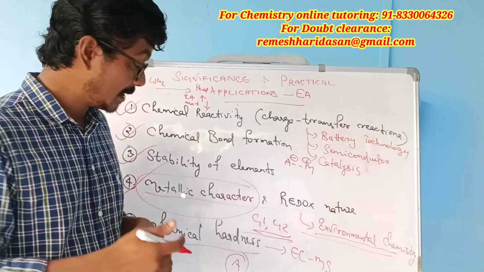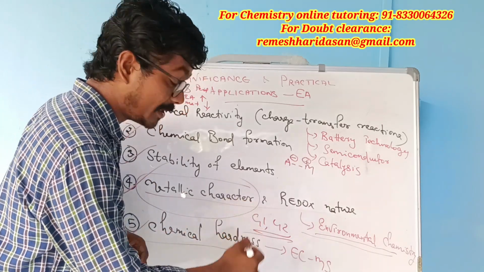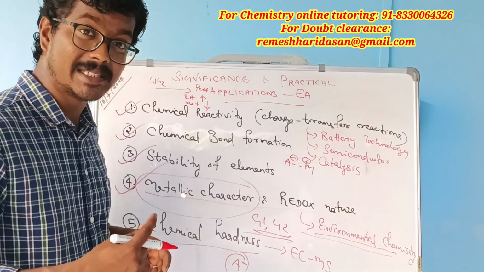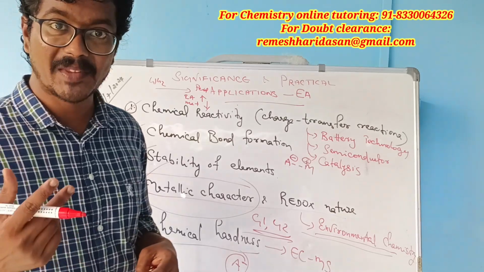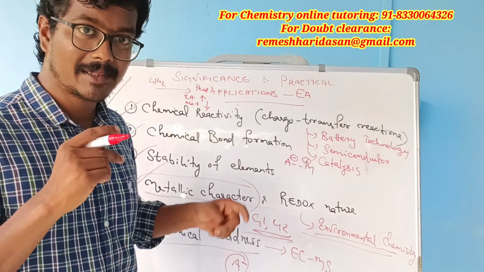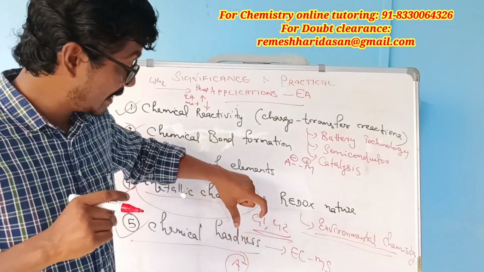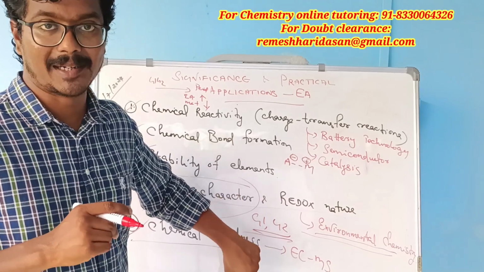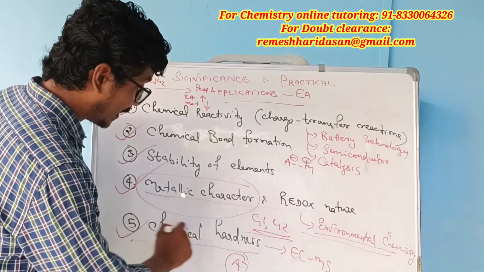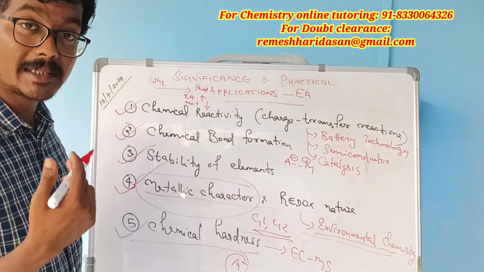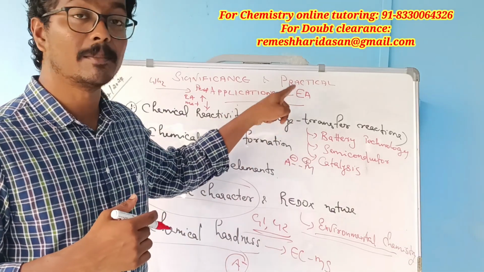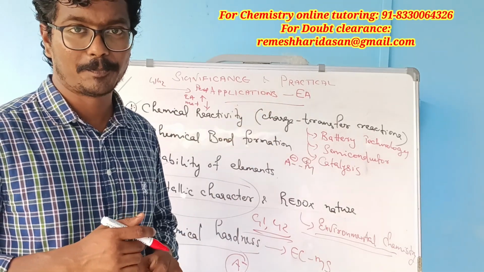If the element gets a negative charge, it is negatively polarized. This is a measure of the hardness of that particular element. So chemical hardness can be determined using the electron affinity value.